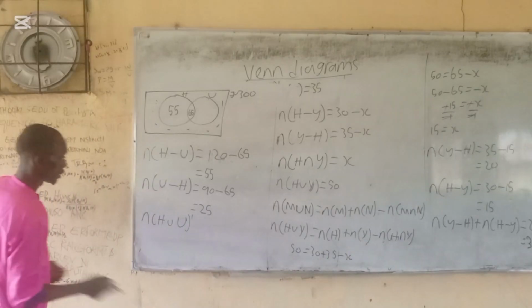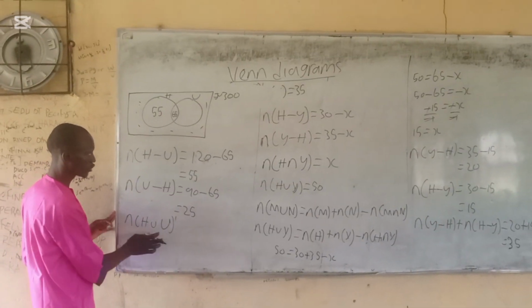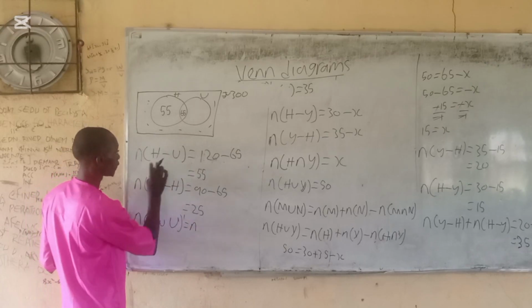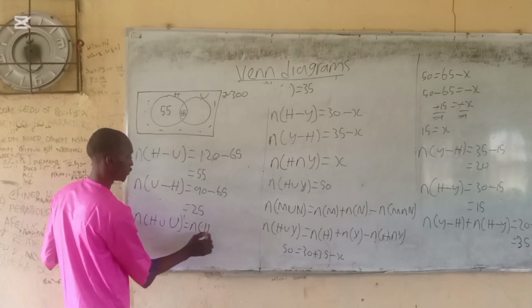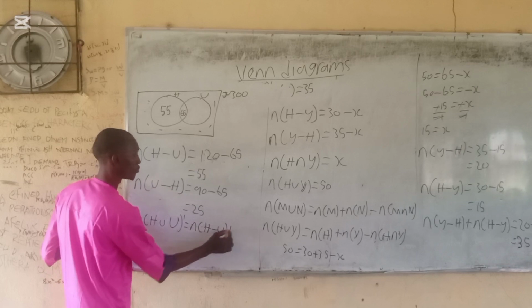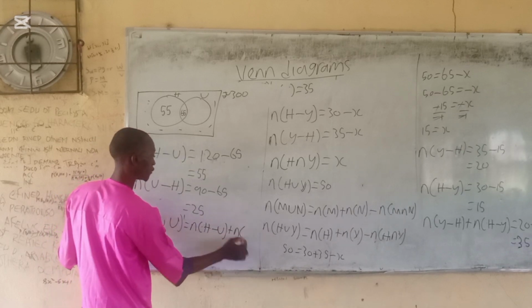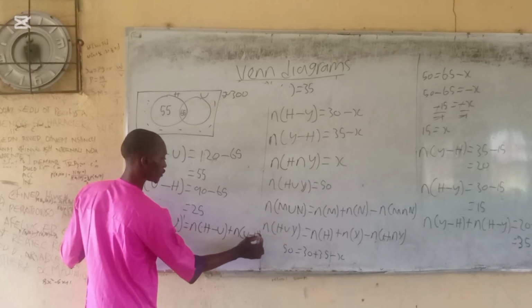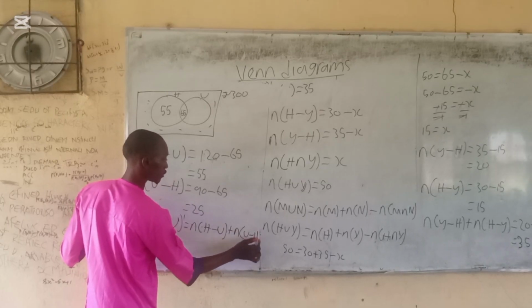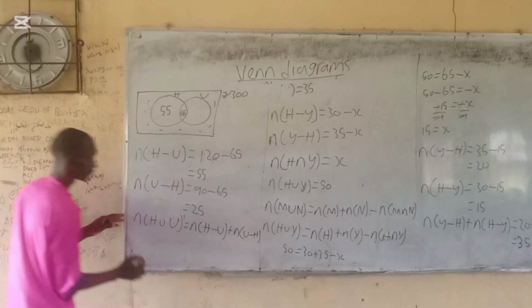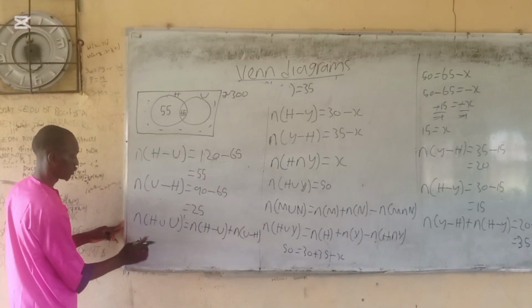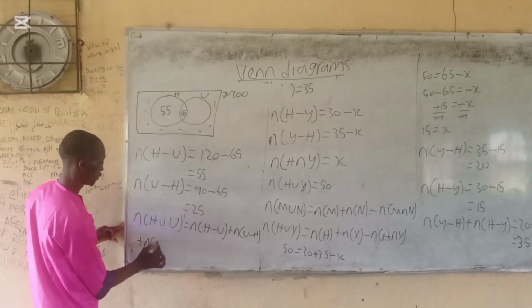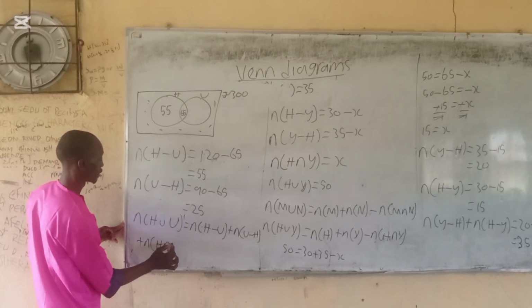So we are going to add the number of H minus U plus the number of U minus H plus the number of H intersect U.